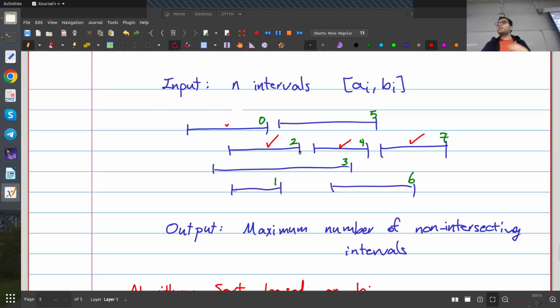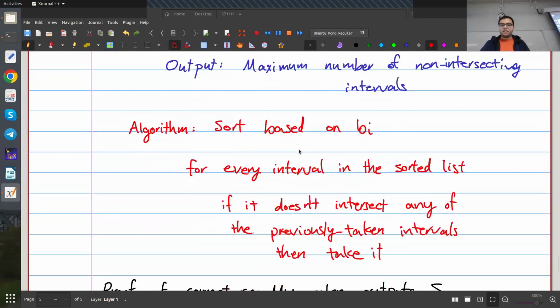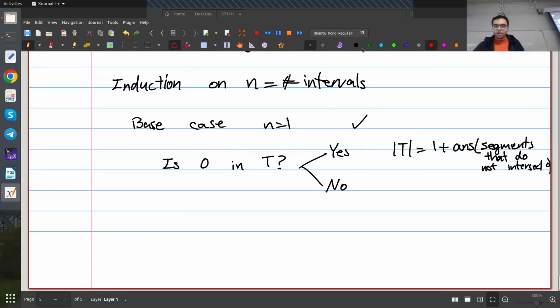So of course, they also start after the end of 0. Right? So in this case, all I do is that I say take T and change it. Make a T prime that is T union with 0 minus the element in T that has the smallest b.